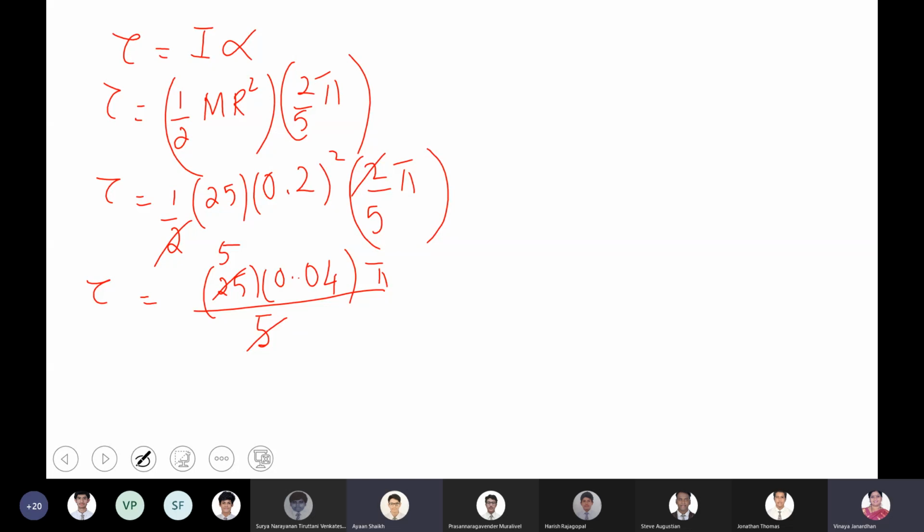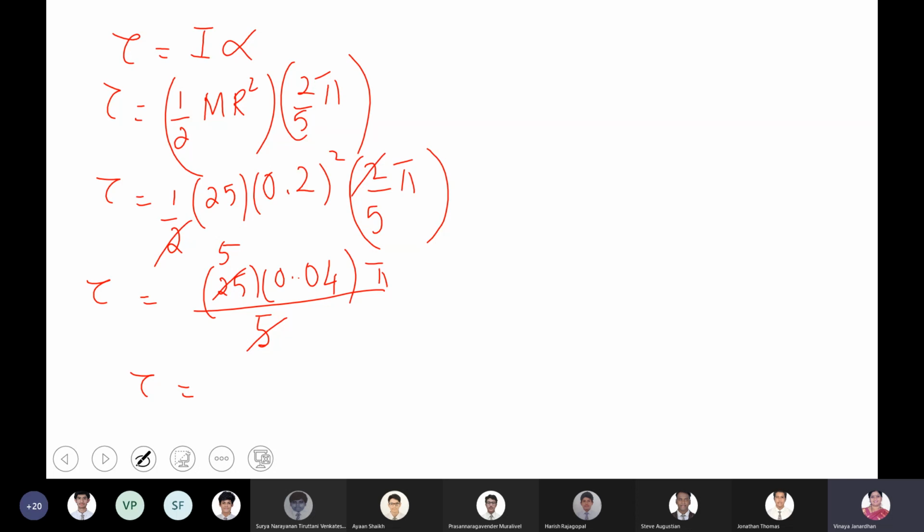Isn't it tau is supposed to be? Is it correct? Just check what we are doing is correct. 25 kilogram is the mass. Radius is 0.2, which means 0.04, correct? Then your angular acceleration was 2 by 5 pi. So you have a pi over there.